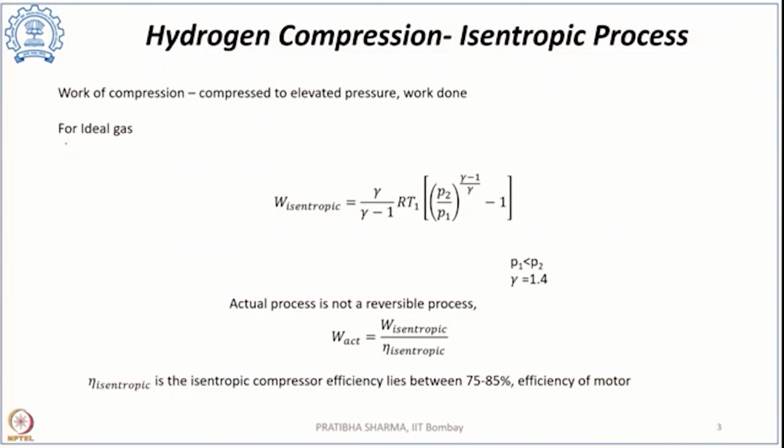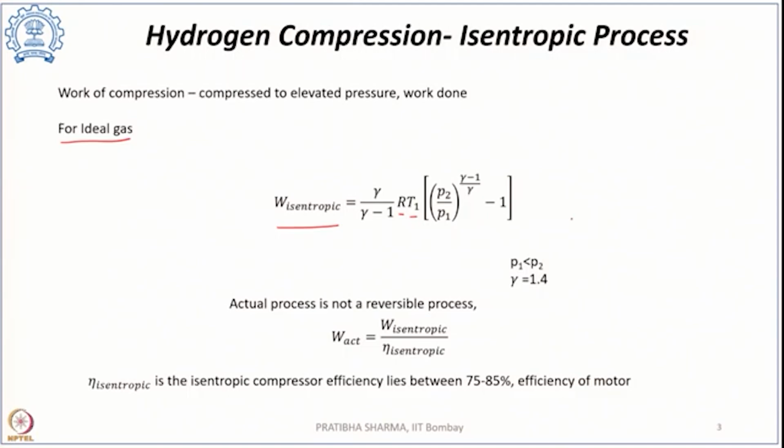If we consider the gas to be an ideal gas, then the isentropic work is given by gamma divided by gamma minus 1, times R, the gas constant, times T, the initial temperature, times P2 over P1 to the power gamma minus 1 upon gamma, minus 1, where P2 is the discharge or final pressure and P1 is the initial or inlet pressure.